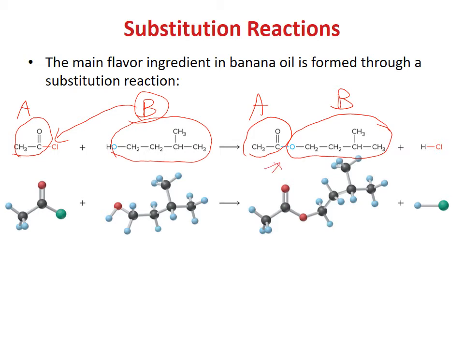The product here is called an ester. An ester is formed by substitution reaction between an alcohol and acid chloride. So part of the alcohol molecule replaces chlorine in acid chloride to form ester. And this ester is the main flavor ingredient in banana oil.